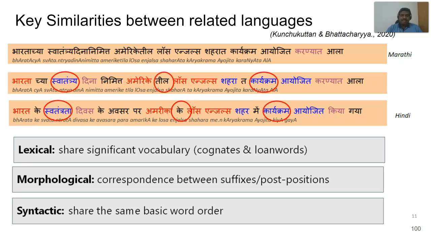One is lexical similarity, which means there are words shared across these languages. These could be cognates and loanwords. Then there are morphological correspondences in terms of the suffix systems, case marking systems, and postpositions. And finally, in many cases, related languages may also share the same basic word order.